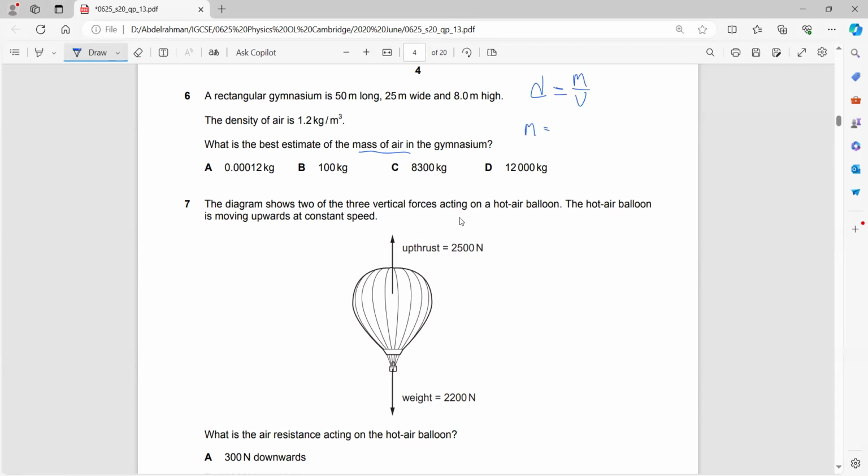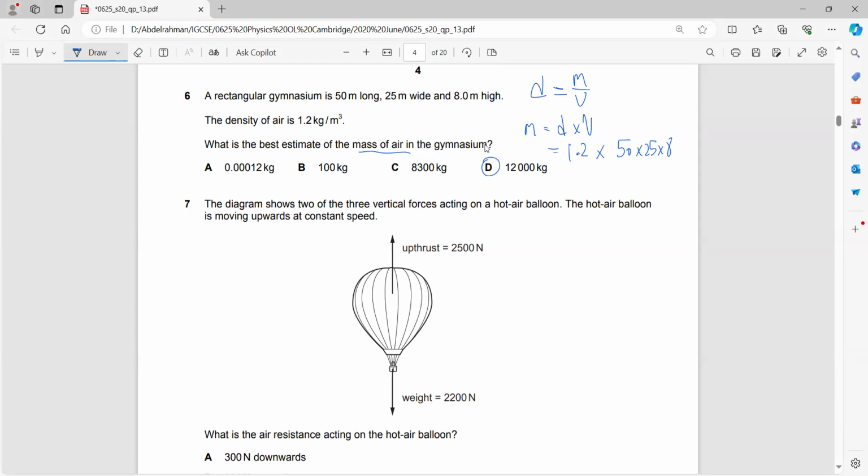So mass equals density times volume. Density is 1.2 times the volume, which is 50 times 25 times 8. Can someone calculate it for me? I guess it would be around 12,000.